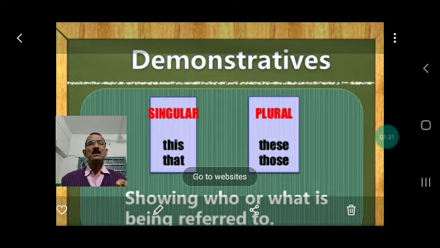As this class is mine, this book is mine, this country where we live is full of beautiful things. But that field where the crops are grown is infected with insects. So the plural of this is these, and the plural of that is those. What does it show? Who or what is being referred to.